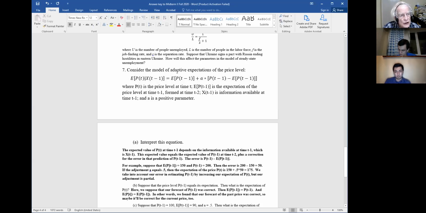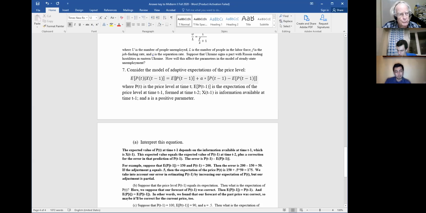The model says that our expectation of the price level is equal to our previous expectation plus an adjustment for the error that we made last time. So this expectation of the price level at time t minus 1 was formulated at time t minus 2.